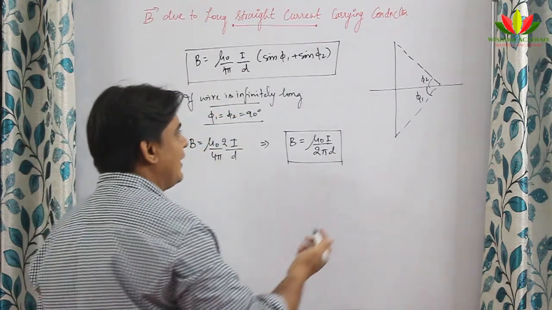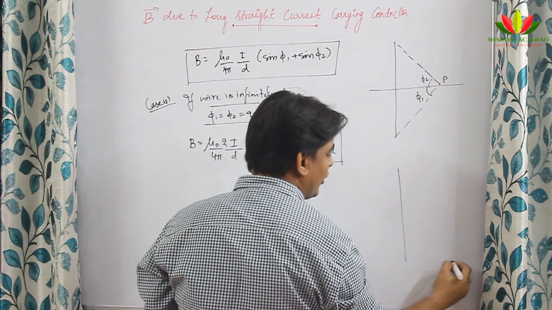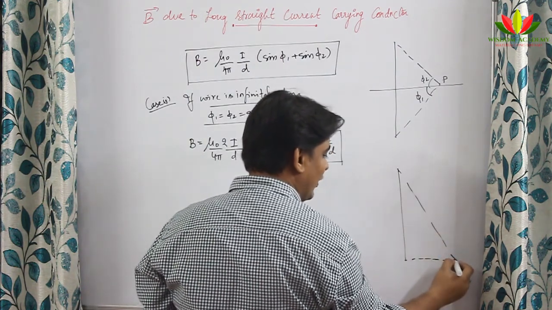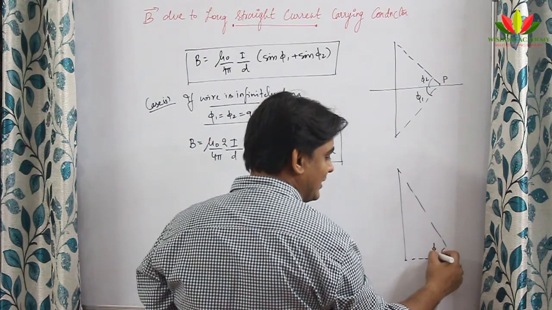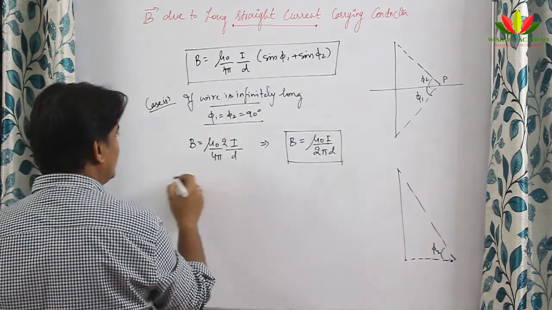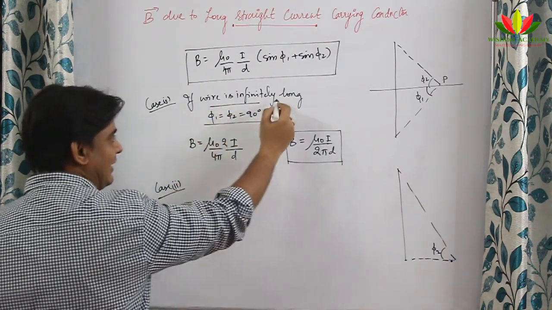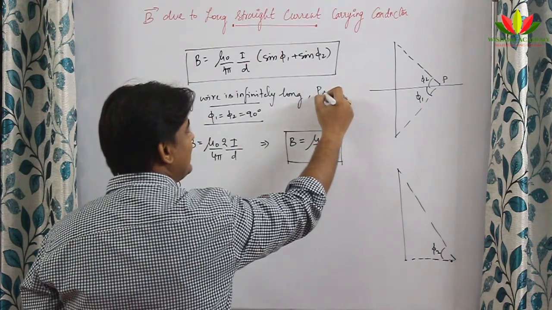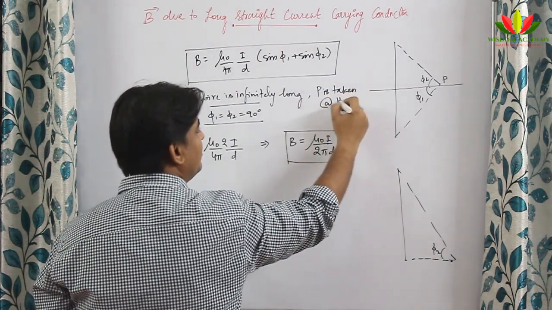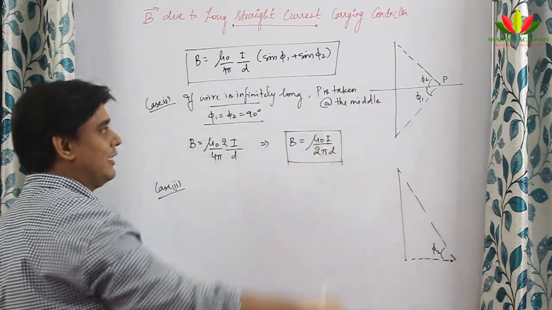Second case, if I assume this point P to be in such a way that it is present at one of the ends of the wire. So here, like this. One angle became 0 and phi 2 remains. So phi 1 became 0 and phi 2 is again tending towards 90 degrees. So case 2: the wire is infinitely long, and in case 1 point P is taken at the middle from the perpendicular line.